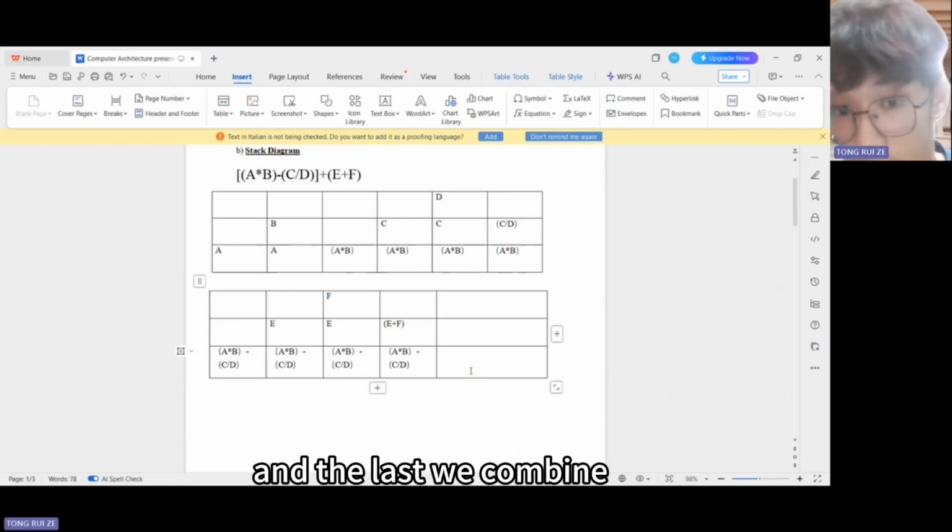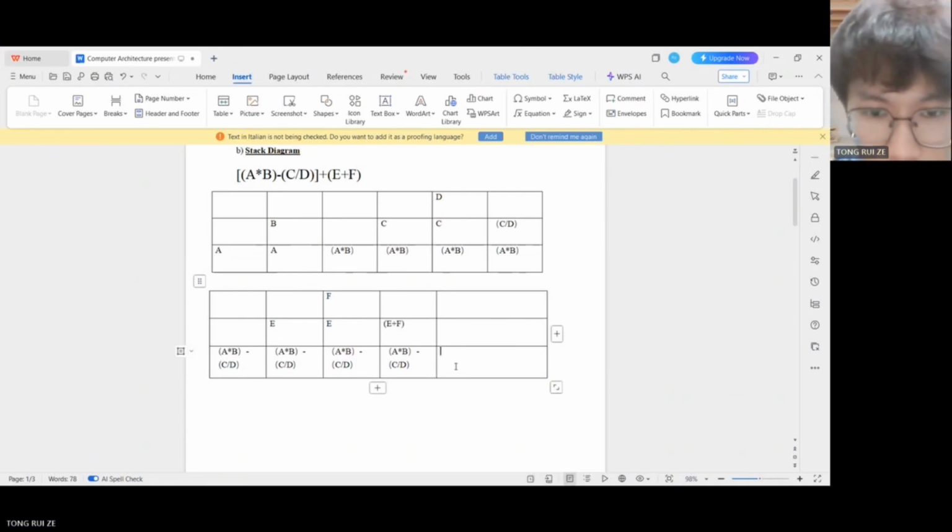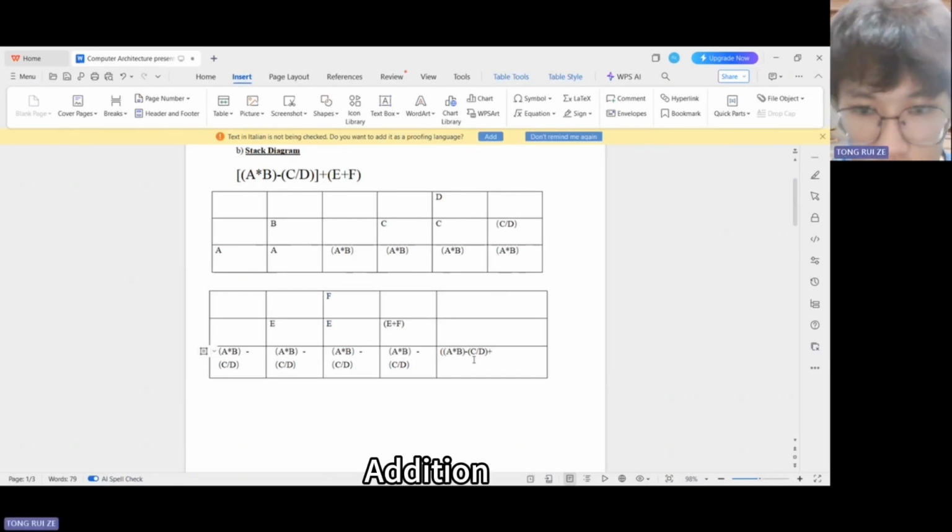And the last, we combine these two together. Additions.